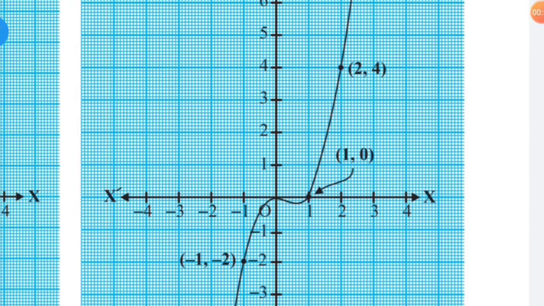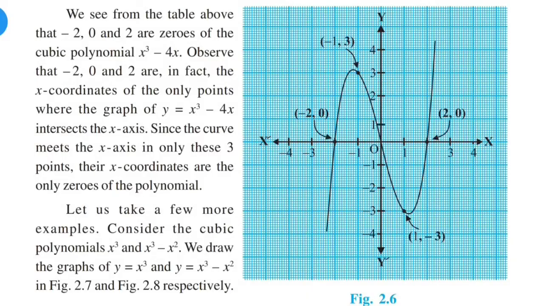Now look at this graph. Here also it is the graph of a cubic polynomial, but it intersects the x-axis at 2 points. It means this cubic polynomial p of x has 2 zeros. So in general, this is a graph of a cubic polynomial.